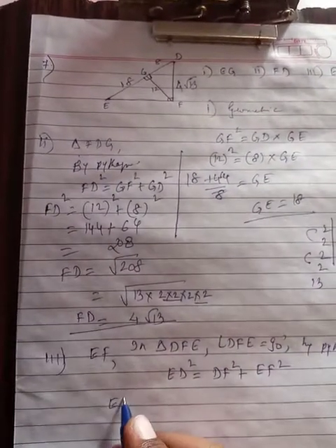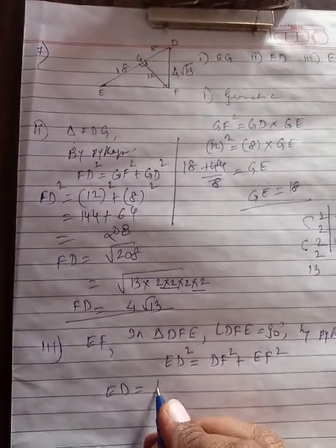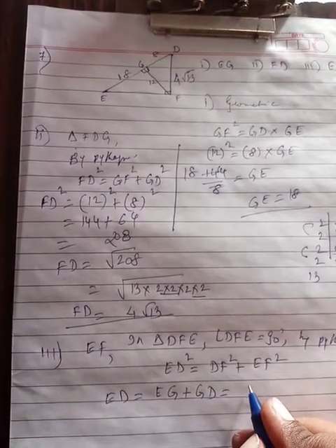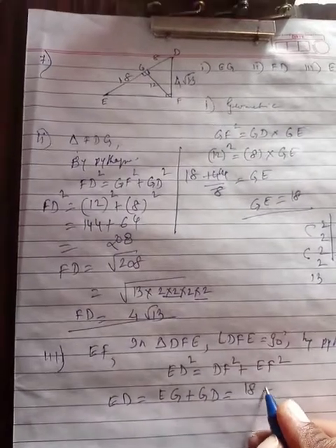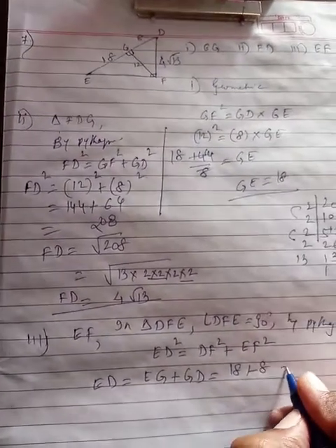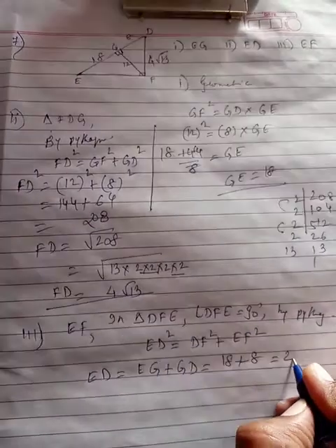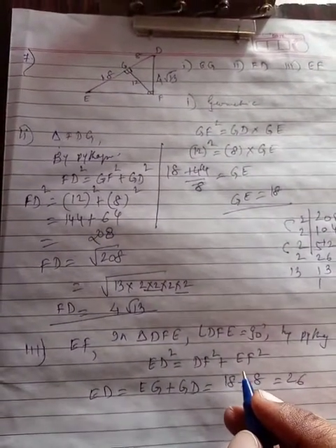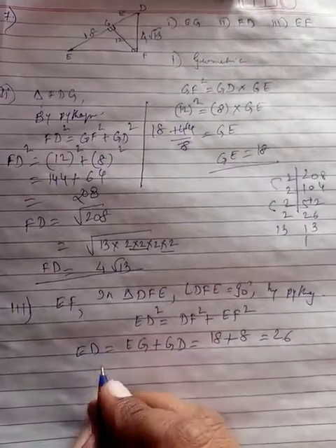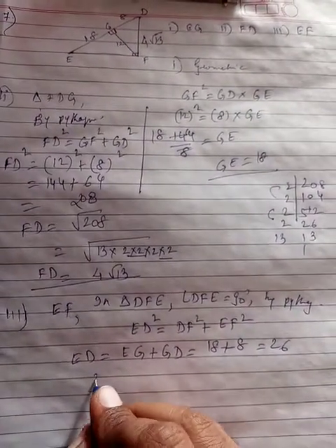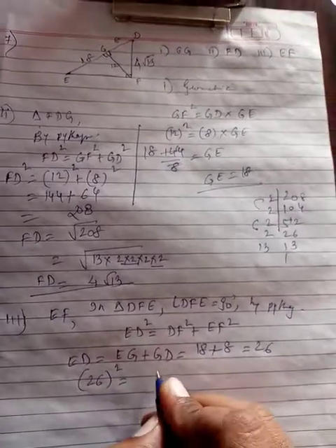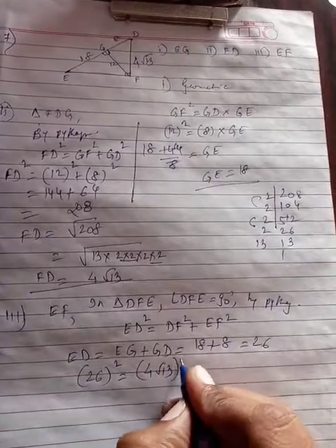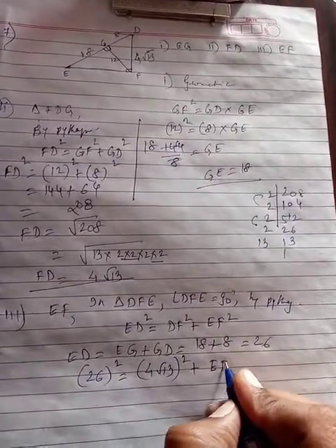Now ED is equal to EG plus GD. So how much is ED? EG is 18, 18 plus GD is 8. So we get 26. DF is 4 root 13. So that we can insert here. So ED square, 26 square, is equal to DF, 4 root 13 square, plus EF square.